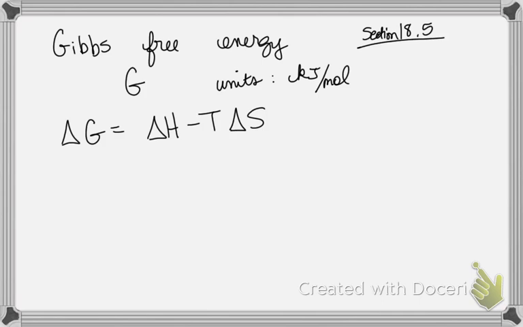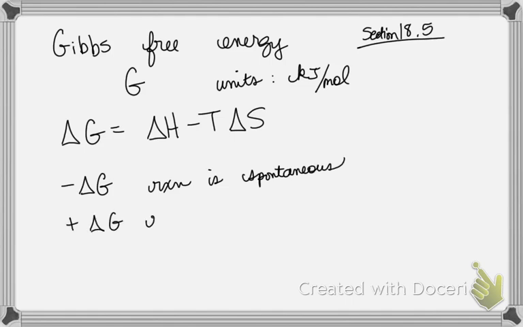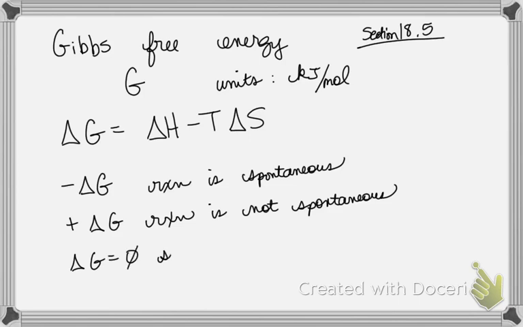A negative delta G says that the reaction is spontaneous. A positive delta G guarantees the reaction is not spontaneous. And when delta G is equal to 0, what does that say? It says that the system is at equilibrium.